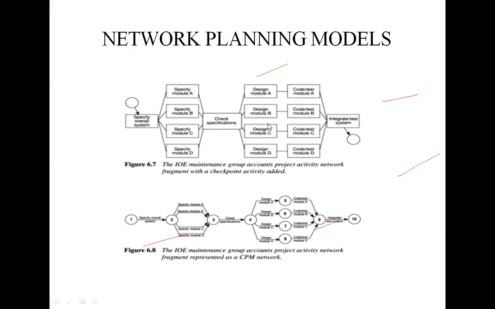Here, network time flows from left to right. See here, it starts from the left, then moves to the right. See this diagram. In the network, the time flows from left to right.